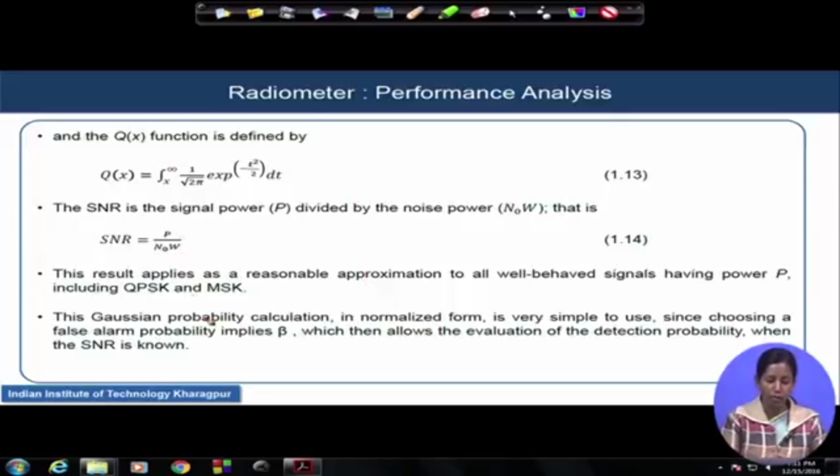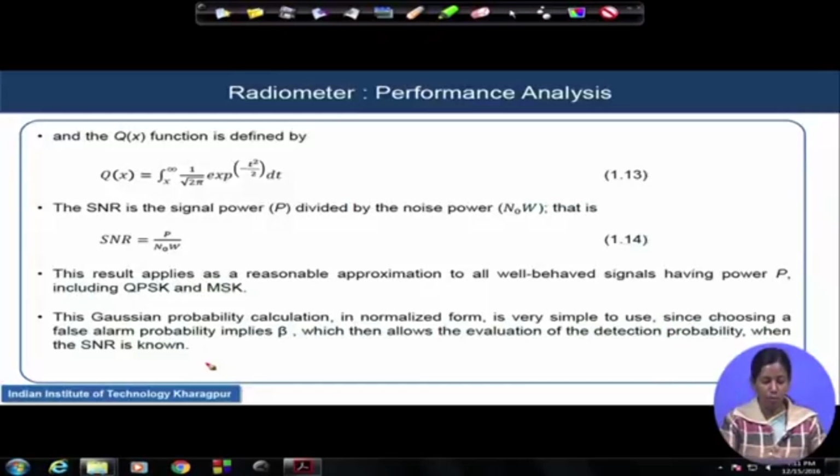If I go back and check the earlier two equations of PD and PFA after Gaussian assumptions, we will see that given the false alarm probability, I can easily calculate the value of beta, and if I know the value of beta, then I can evaluate the detection probability if my signal to noise ratio is known.